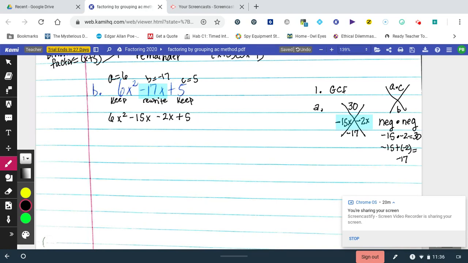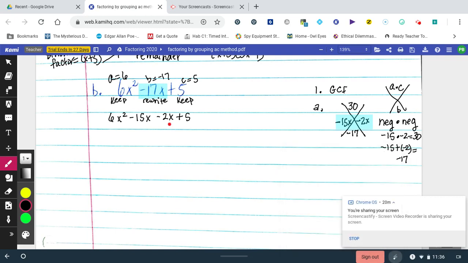And some of you are probably saying, well, how do I know to put the negative 15x before the negative 2x? I don't care what order you put it in. You can put negative 2x minus 15x. And it probably would have been better to do that because negative 2x and 6x squared have more in common than 6x and negative 15x. If you look right here, negative 2x.